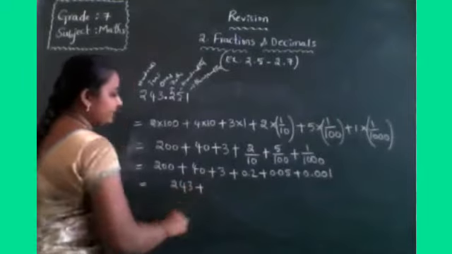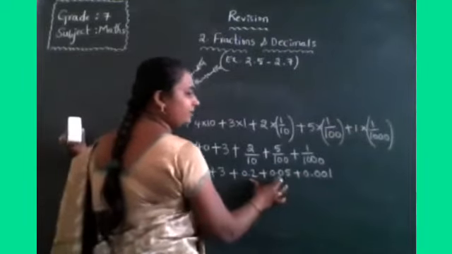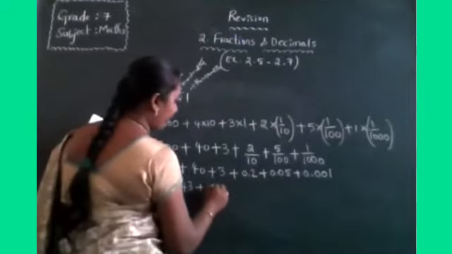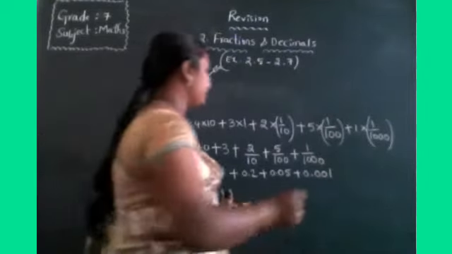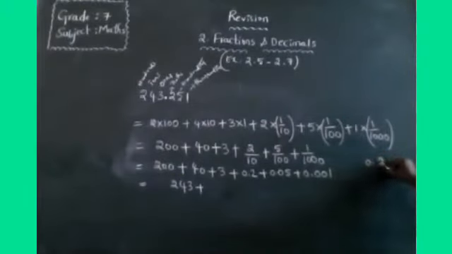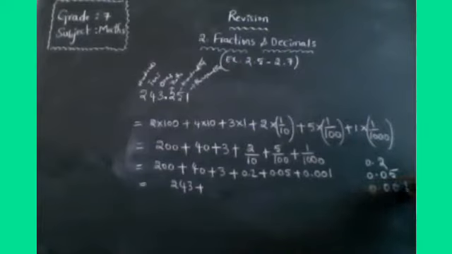That is 243, plus here all the numbers are decimals. So I will show how to write it. First write 0.2, next 0.05, next 0.001.